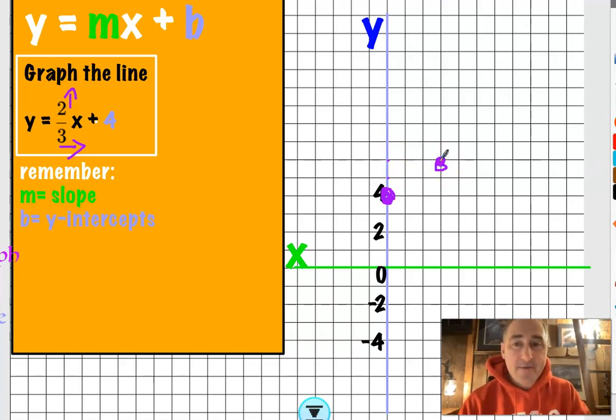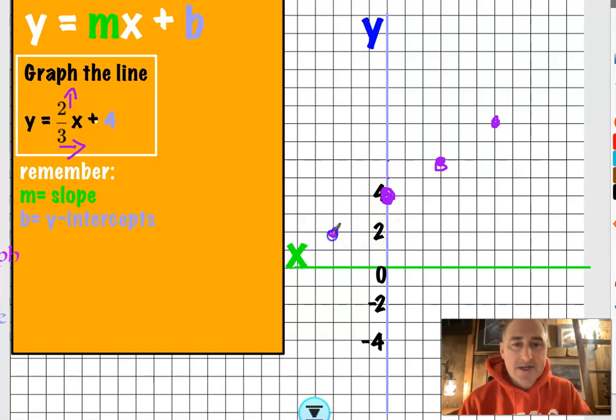And then from here, I'm going to count up 2 again. 1, 2, and over 3 to the right. 1, 2, 3. If I wanted to, once I have this pattern made, I could count down 2 and then 3 to the left. 1, 2, over 1, 2, 3.